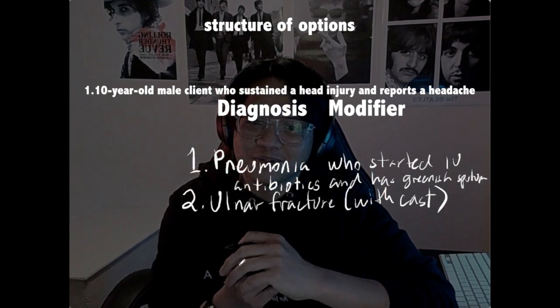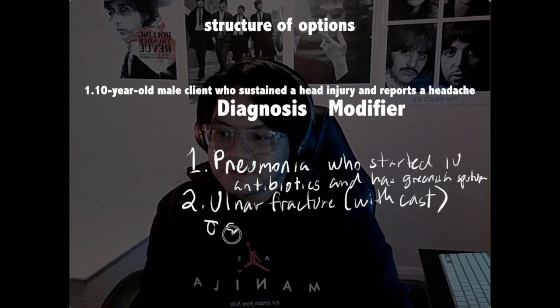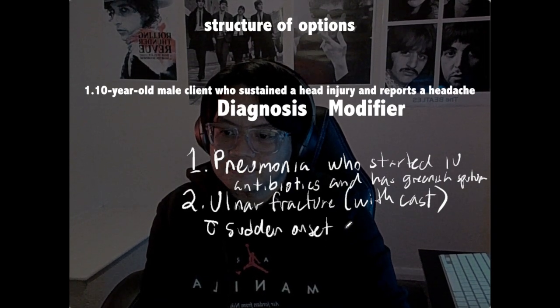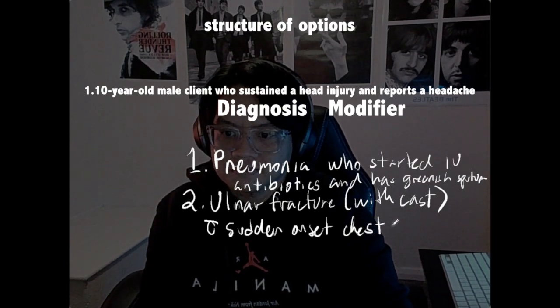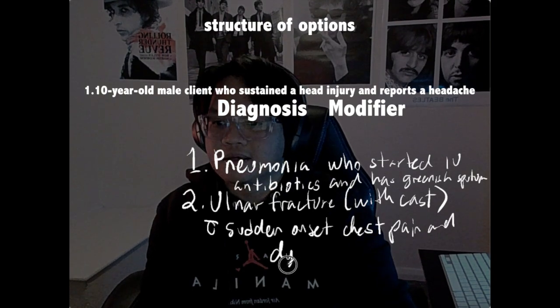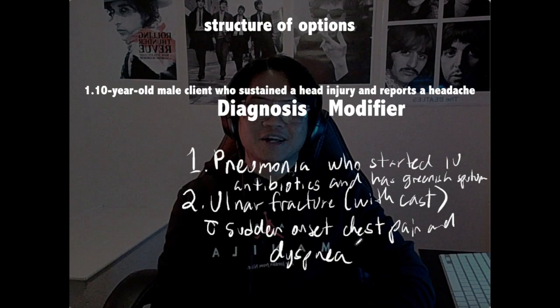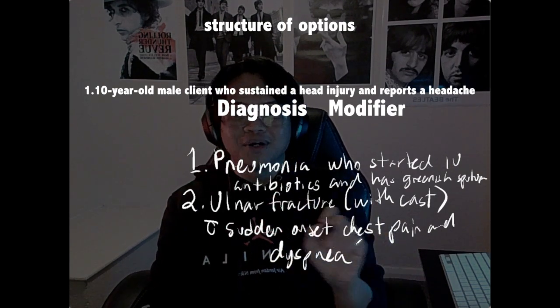While on patient number 2, the modifier will be with sudden onset chest pain and difficulty of breathing. Now your priority will be patient number 2 because of the modifier.